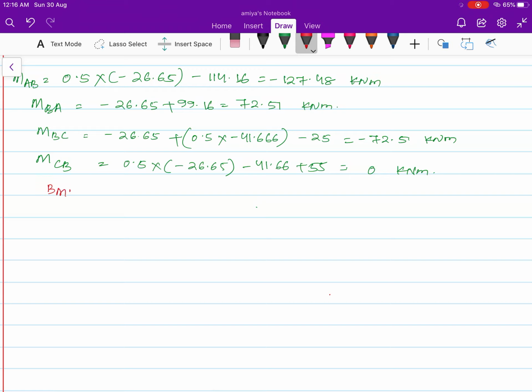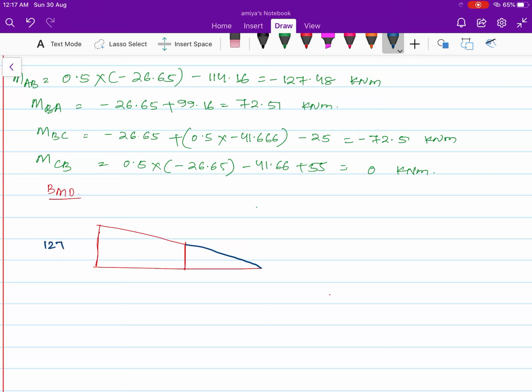So the BMD will be 127.48, then MBA is 72.51, and here it is 0.